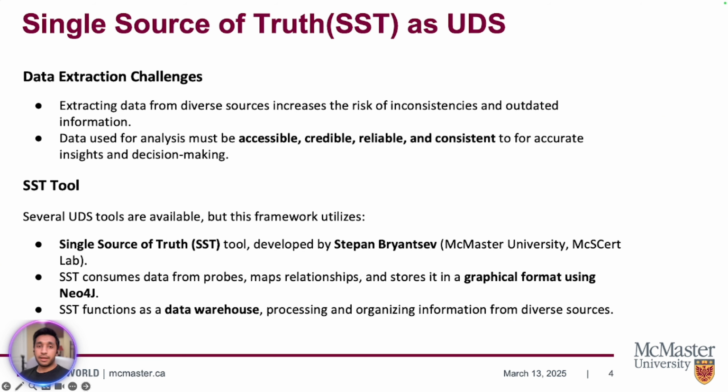It is developed by my colleague at McMaster University. SST gathers data from probes, maps system relationships, and stores the information in a Neo4j database, which works as a data warehouse, organizing diverse data sources into a structured format.